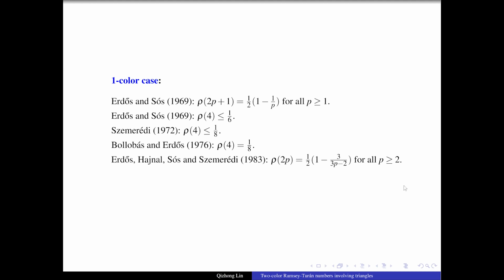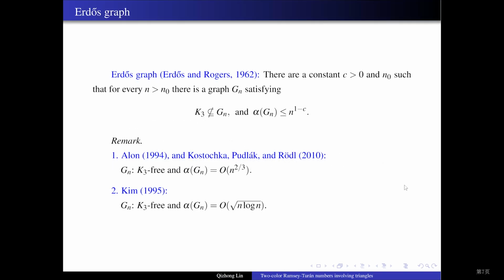Now, let us take a look at the lower bound for the one color case. The following is the Erdős graph, and it tells us that there is a graph which is triangle free with independence number little o(n).